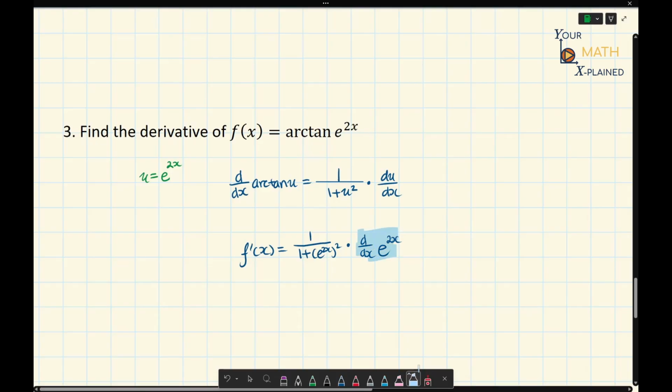And this part is going to be equal to e to the power of 2x times the derivative of 2x, so times 2. So that means our final answer here is going to be 2 times e to the power of 2x over 1 plus e to the power of 4x.